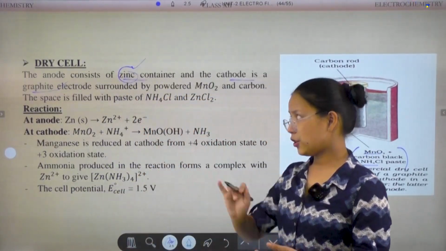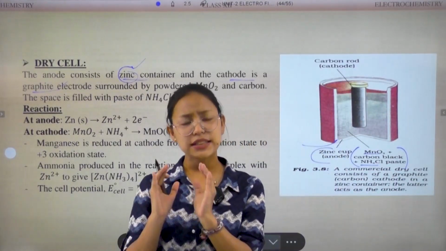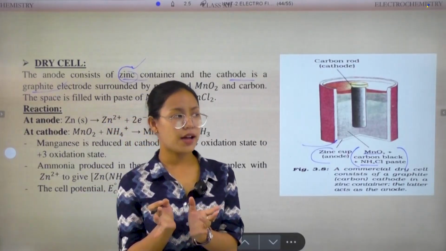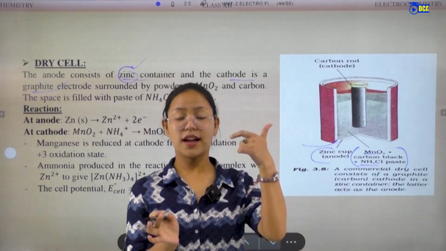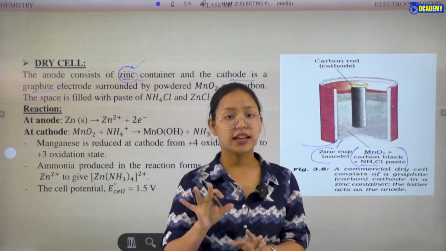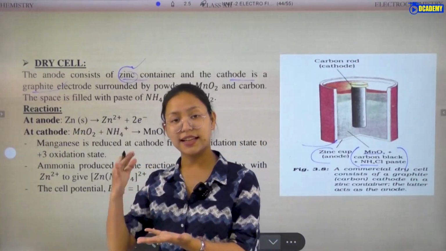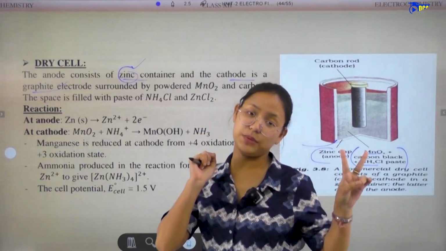Then look here, and also we have known that for a battery there will be a cathode and an anode. Cathode and anode will be present here. So electrodes are compulsory.